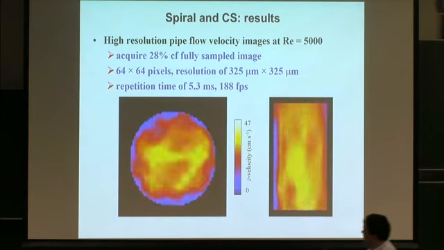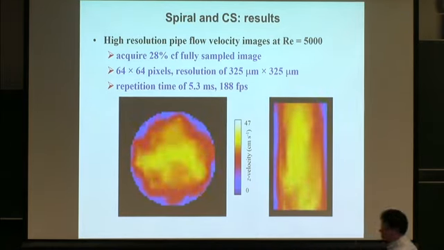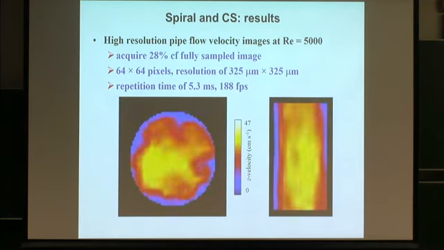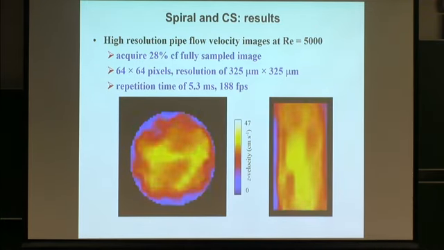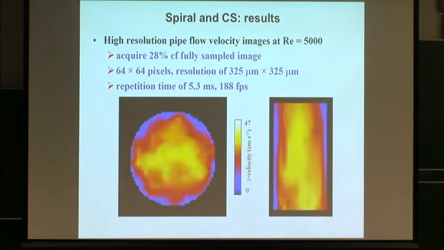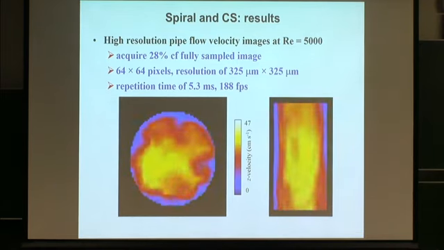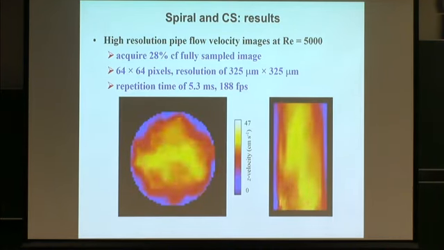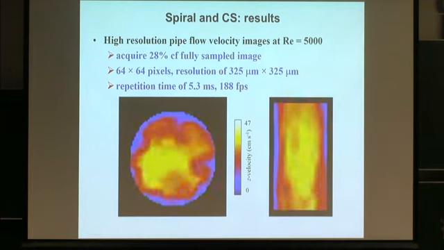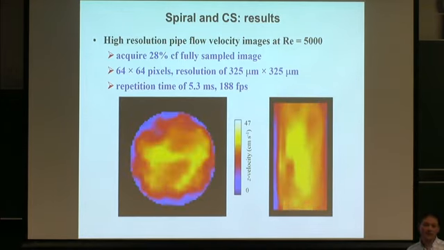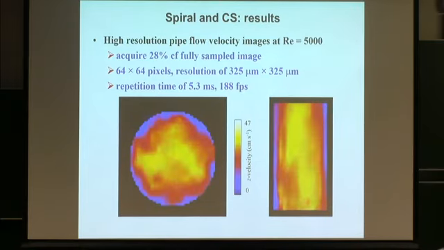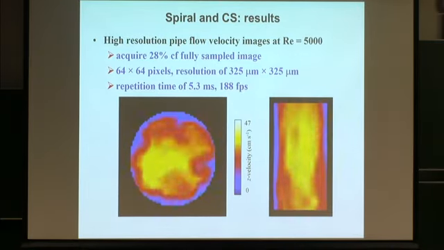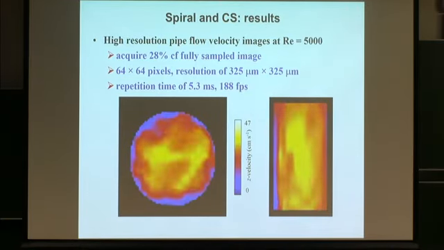In this case we've got an XY slice, a vertical slice. But we're now acquiring this at just a bit over 5 milliseconds per image, so a frame rate of nearly 200 frames per second. These have been slowed down by a factor of 10 compared to the acquisition rate, which for a technique typically seen as slow is a fairly good speed.